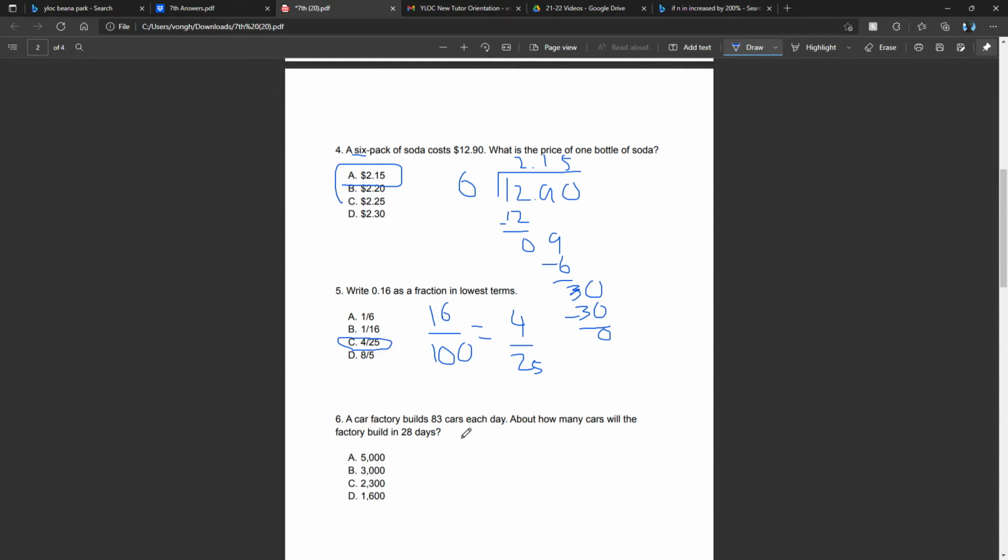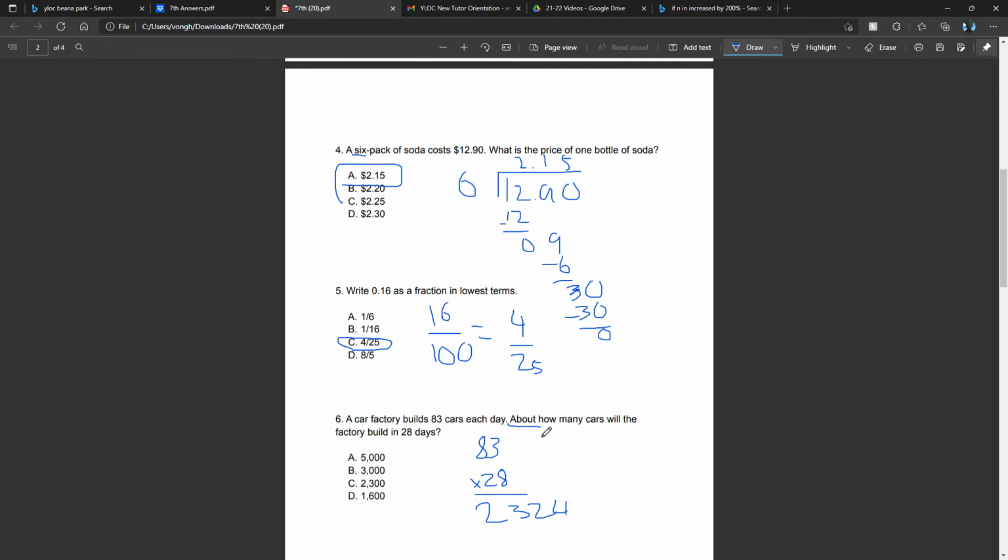A factory builds 83 cars each day. About how many cars will the factory build in 28 days? So here you just do 83 times 28, and you should get 2,324.